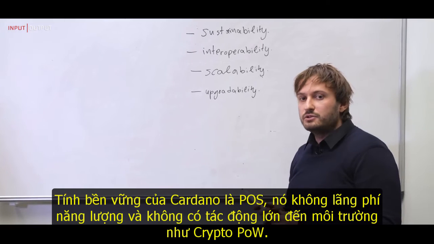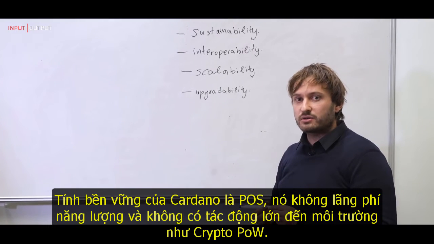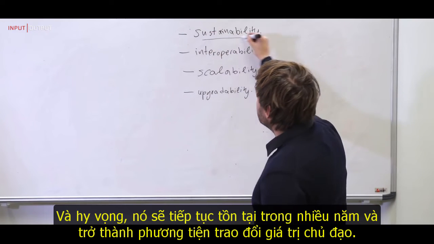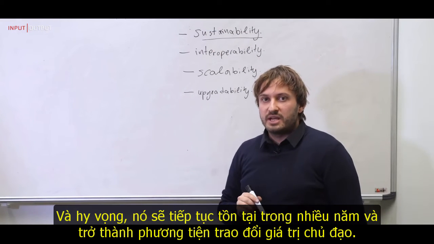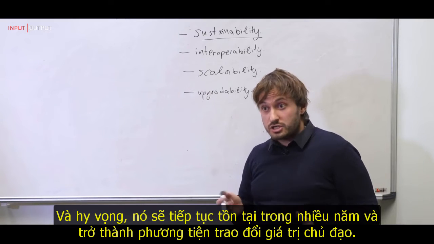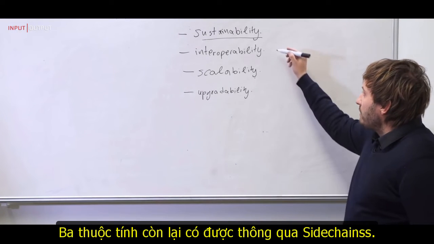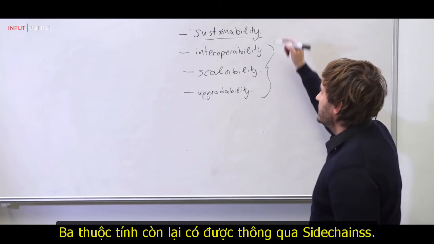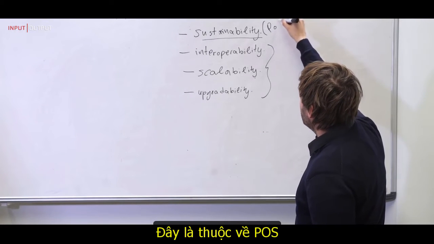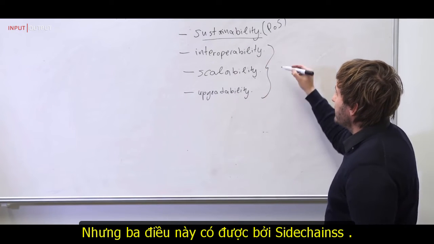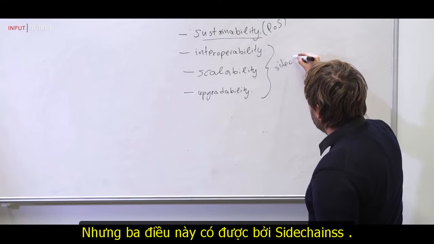It doesn't have the huge impact on the environment that work-based cryptocurrencies have, and hopefully it's something that can continue to live on for many, many years and become a mainstream means of value exchange. The other 3 properties are enabled by sidechains. So this is a proof of stake idea, but these 3 things are sidechains enabled.